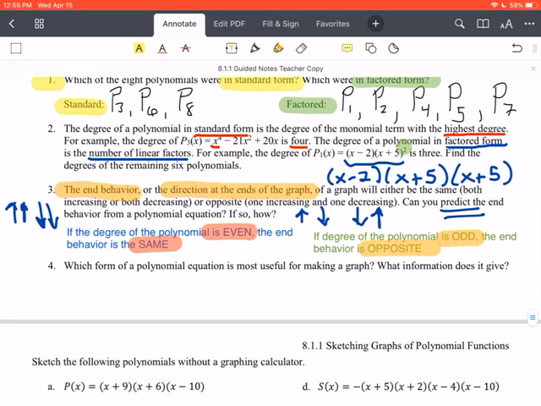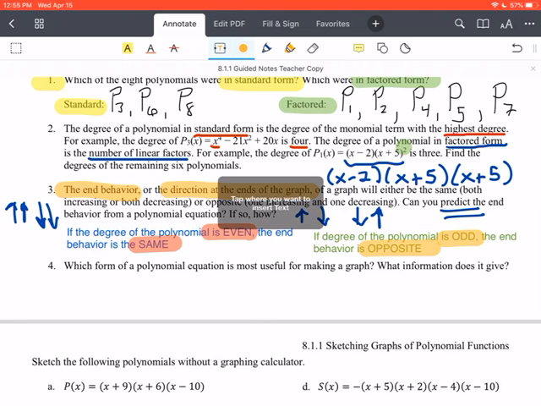Okay, so the big question is, which form of the polynomial equation is most useful for making a graph? Now we haven't done a ton of this yet, but if you think back to yesterday's lesson, when were we able to make somewhat of predictions about the graph rather than just immediately turning to the graphing calculator?